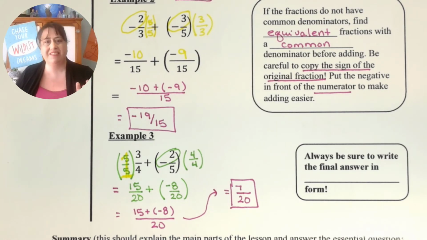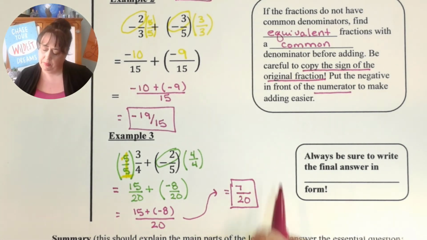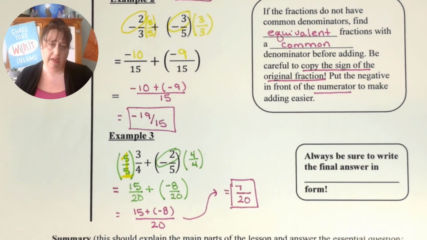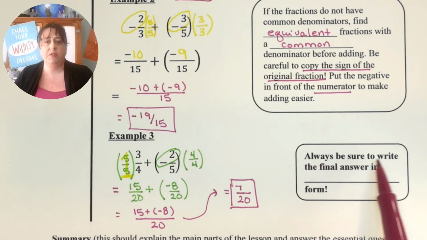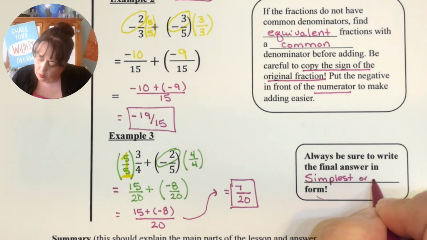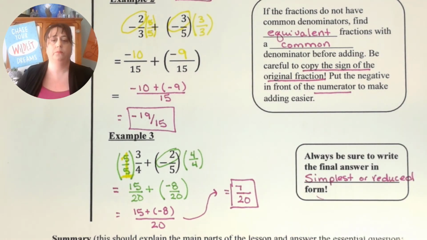Either one of those is just fine to use, or you can just use your rules. Any of those work. What I did was I did 15 minus 8. Just remember adding a negative is subtracting. Always be sure to write the final answer in simplest form or reduced form.